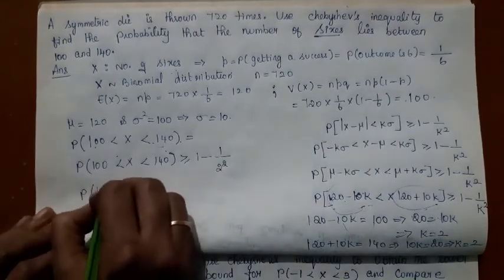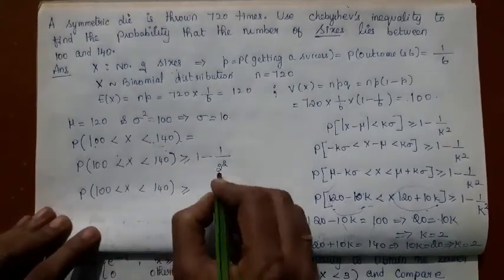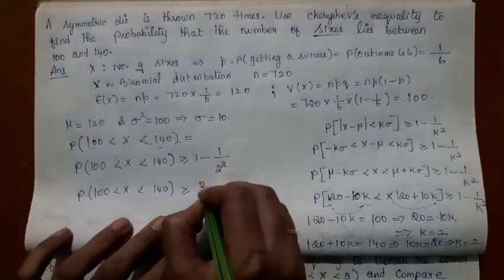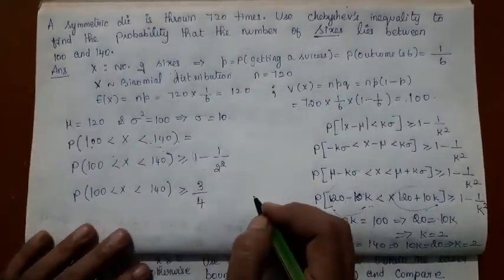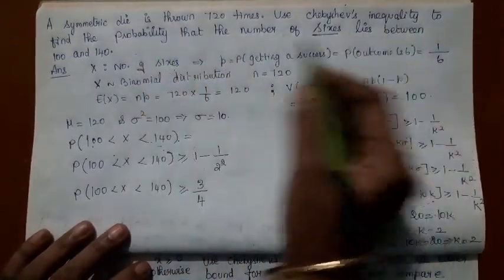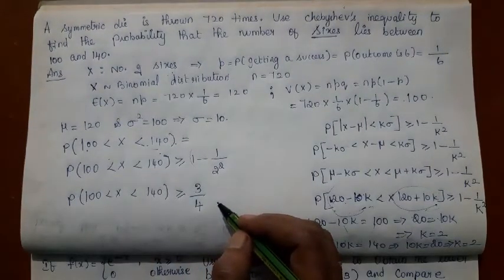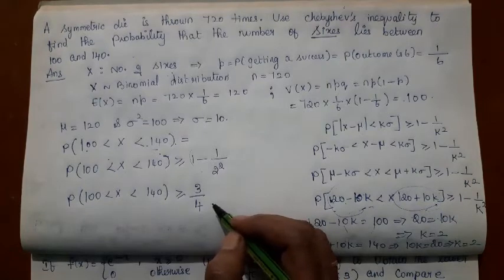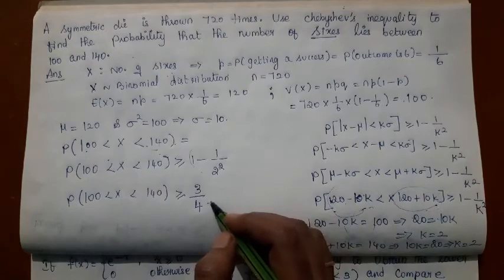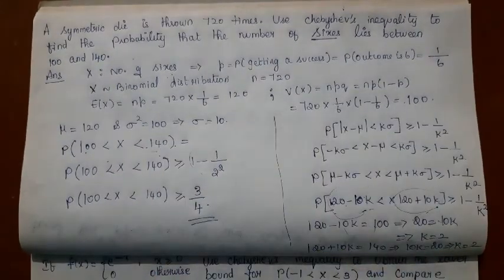Even though I cannot find the exact value, I can say that this probability is greater than or equal to 3 by 4. So using Chebyshev's inequality, that is the question. You cannot find the exact probability, but you can simply say that the probability is greater than or equal to 0.75. This is the answer. Thank you.